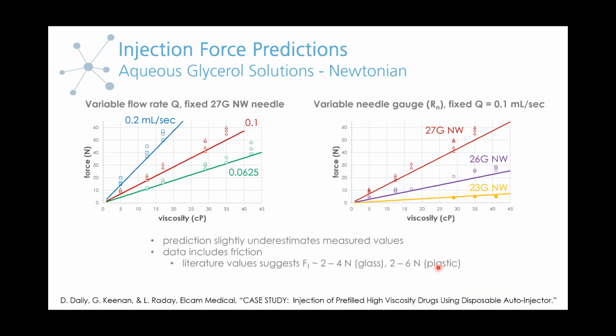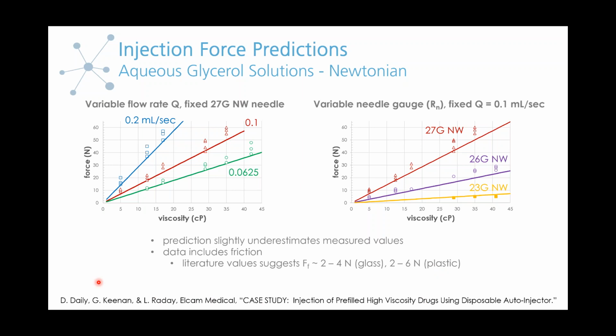So we have some examples of how the injection force can vary with some different parameters, such as the flow rate and then also the needle gauge, which then relates to the inner diameter or the radius of the needle. We don't personally have our own injection force data because we don't have that instrumentation, but we found some that was presented by a group from an external company where they wanted Newtonian samples and they wanted to be able to control the viscosity.